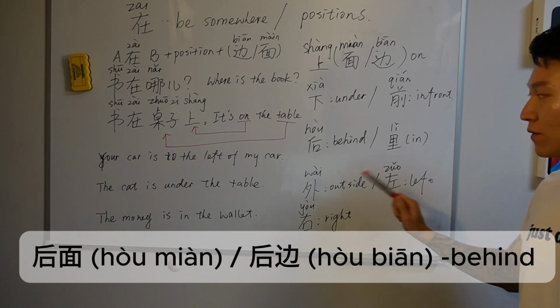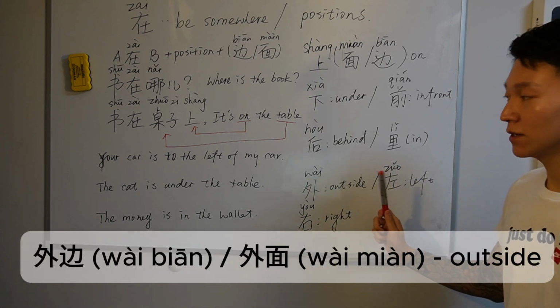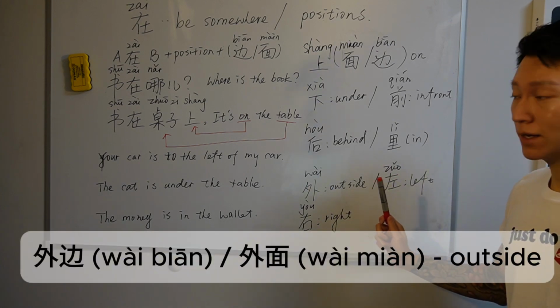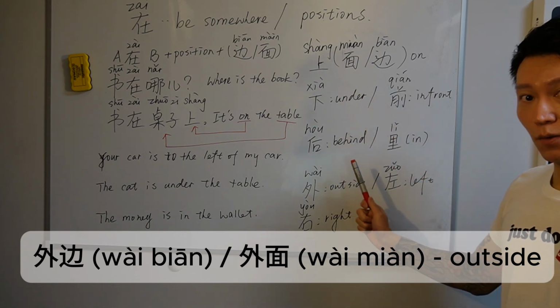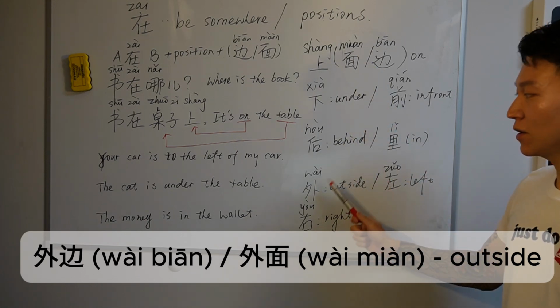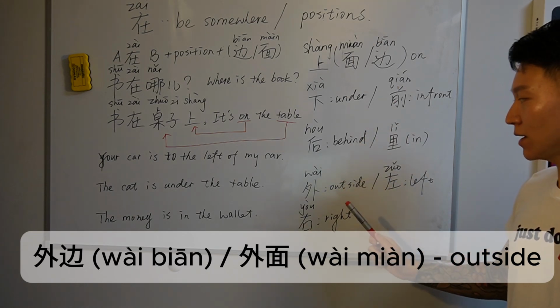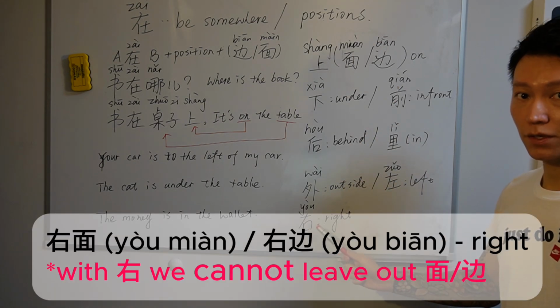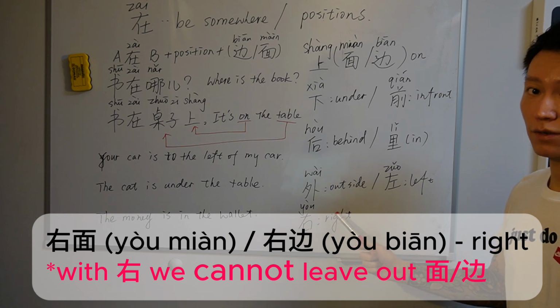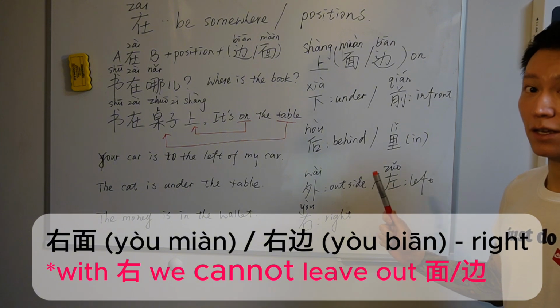And then you have 外 outside, so 外面 outside, 外边 outside. And then we have 右 right, so you can say 右面, you can also say 右边.